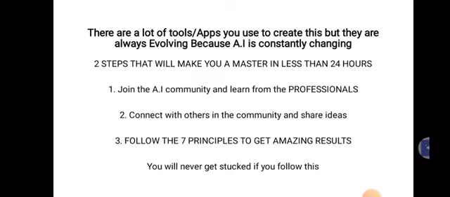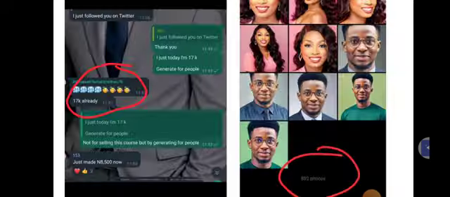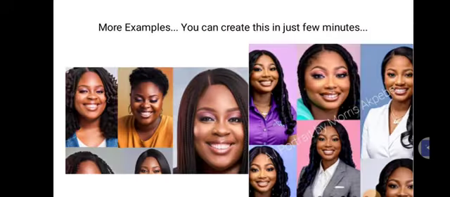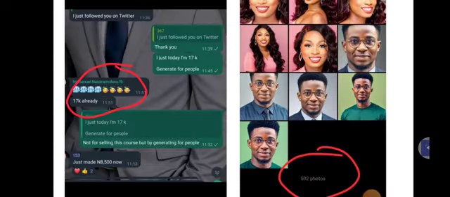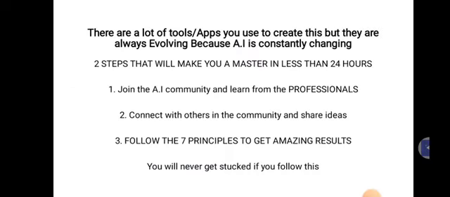So that's it. And another step that I would advise you is follow the 7 principles to get amazing results. Now, what are these 7 principles? If you want to get this kind of result, create beautiful portraits like this, there are some 7 principles that you should follow, and that is what differentiates our portraits from some of the other ones you see out there.